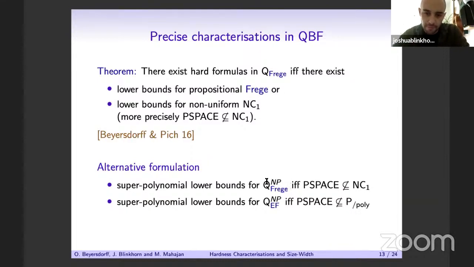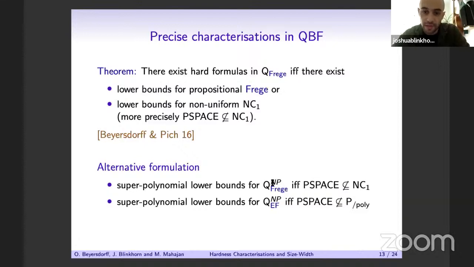Previous research managed to characterize hardness in this system as follows: you have super polynomial lower bounds in this system if and only if PSPACE is not contained in NC1. So that's non-uniformity.